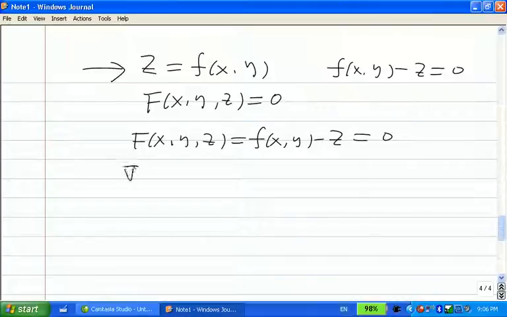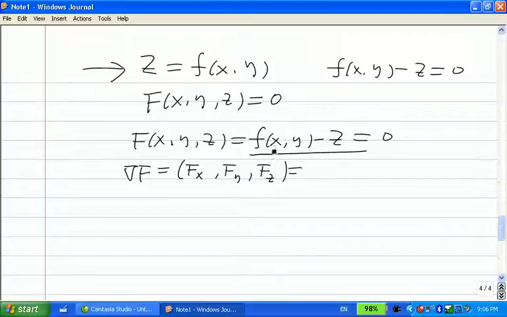Therefore, my gradient F is partial F with respect to x, partial F with respect to y, partial F with respect to z. So what is partial F with respect to x? Look at it here: you take the partial derivative with respect to x, so it gives you fx. For the second term, z is not there, so why take the partial derivative?